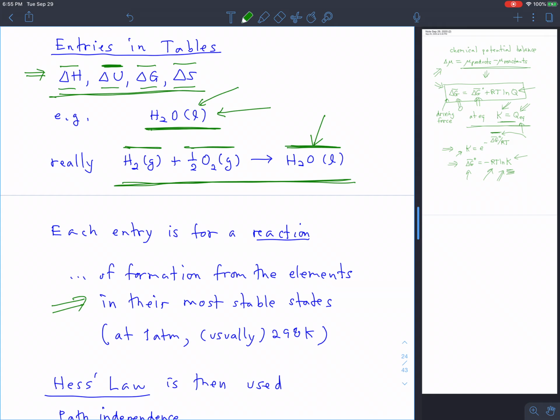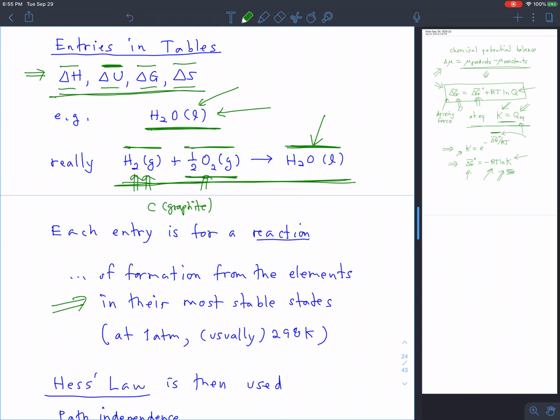In other words, no matter which compound we're talking about, start with all the elements that you need in their most stable state. So oxygen, for example, would be in the gas phase at room temperature, 298, and hydrogen would also be in the gas phase. If we were talking about CO2, let's say, the elements would be C, carbon in the graphite phase.